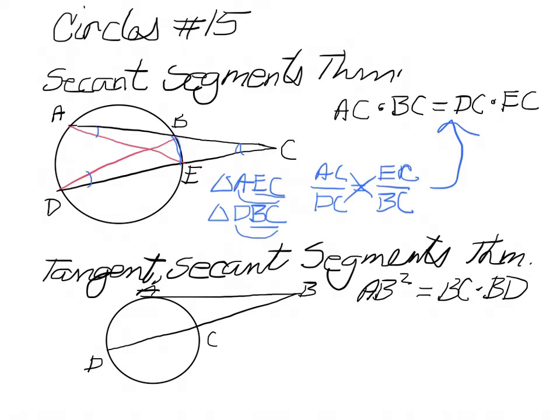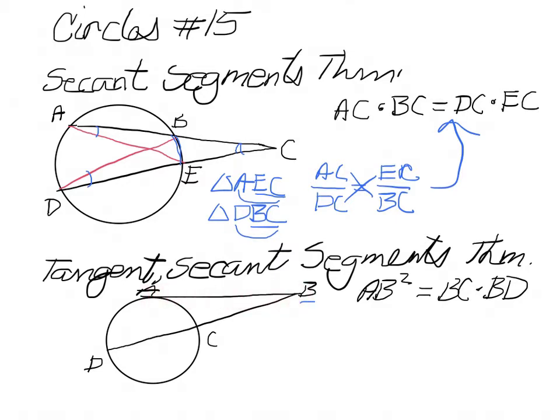In this case, we have a tangent and a secant drawn from an external point B. That means that AB squared is equal to BC times BD. So the secant segment times the external secant segment equals the tangent segment squared.